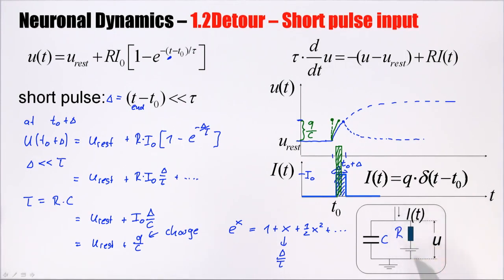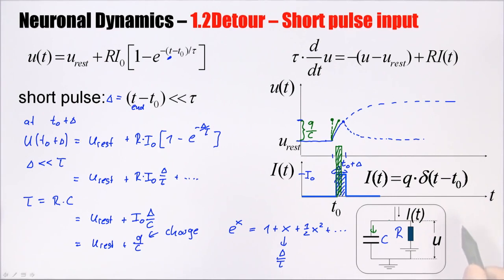Now, if it's for a short time, the current does not have the time to go through the resistor. Instead, the current will basically just go on the capacity. That means if I have a very short current pulse, this short current pulse deposits charge on the capacitor.